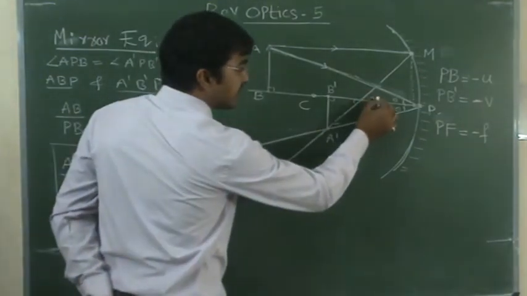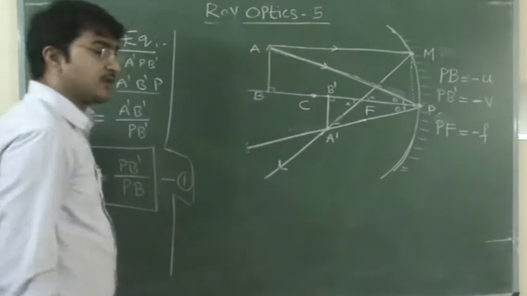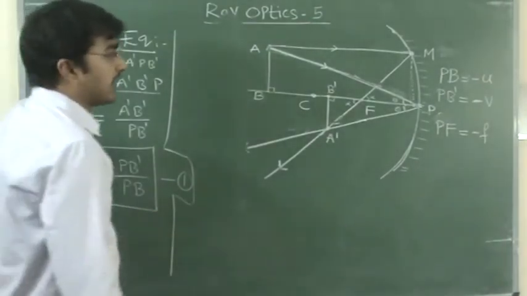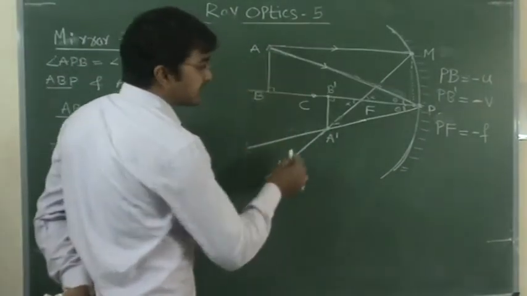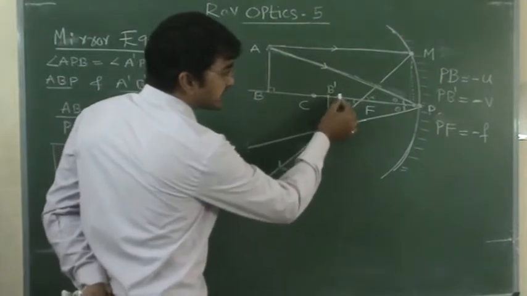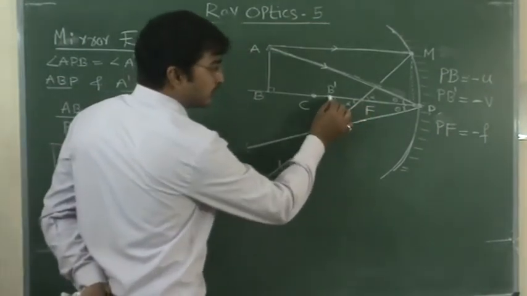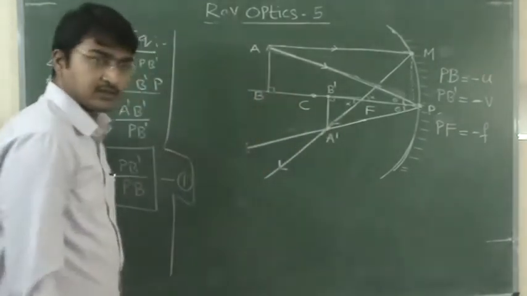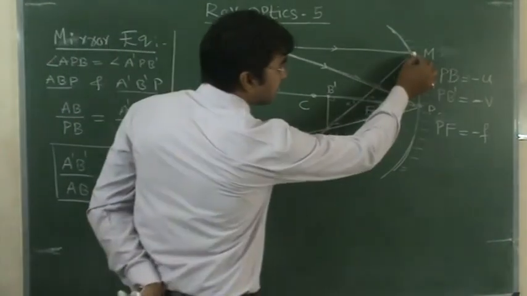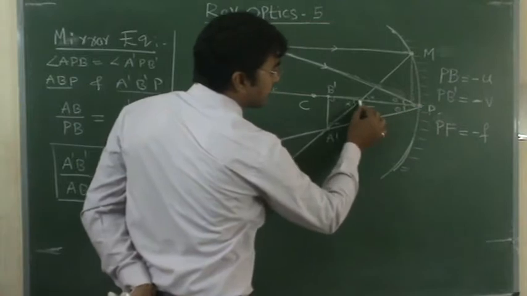Let us assume this is alpha, and this is also alpha. Now I am choosing two similar triangles: A dash B dash F, this downward one, and next MPF.